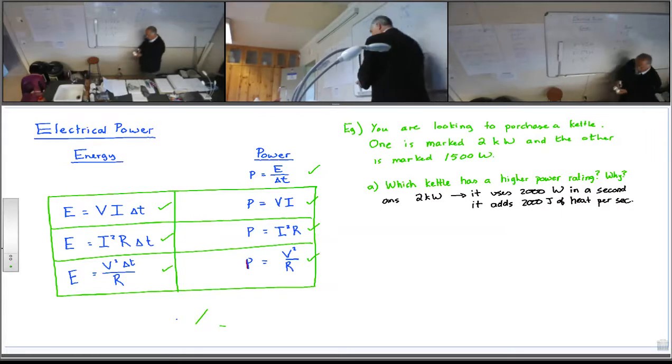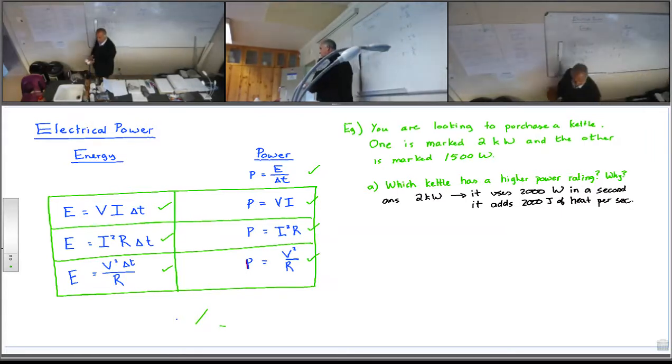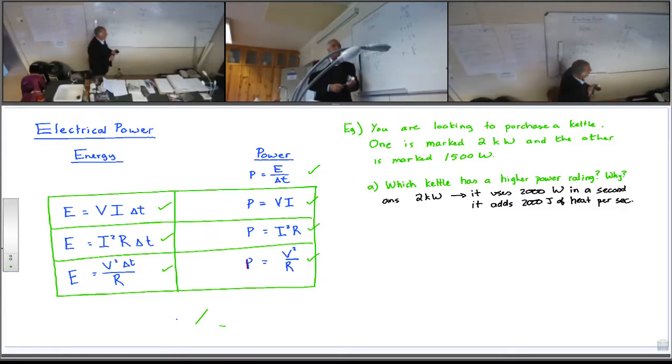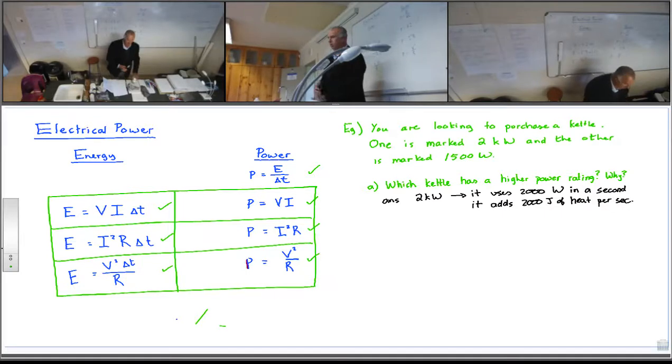It adds 2,000 joules of heat per second. That's what that kettle is doing. The other adds how many thousand joules of heat per second?